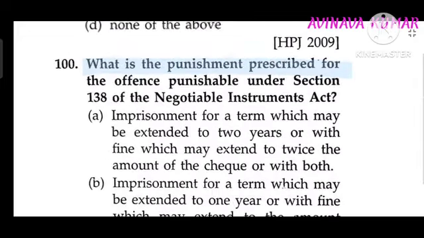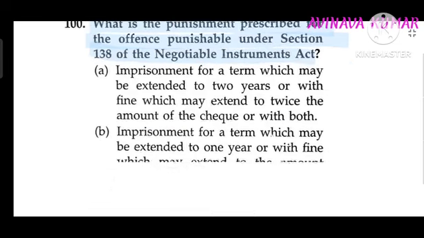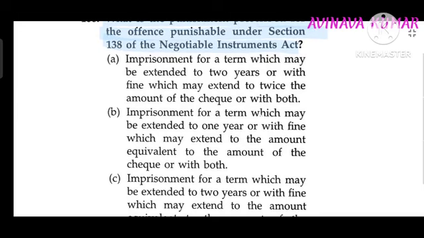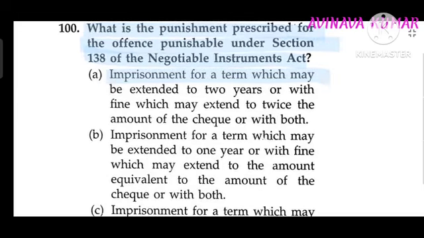What is the punishment prescribed for an offence punishable under Section 138 of NIA? Imprisonment for a term which may be extended to 2 years, or with fine which may extend to twice the amount of the check, or with both.